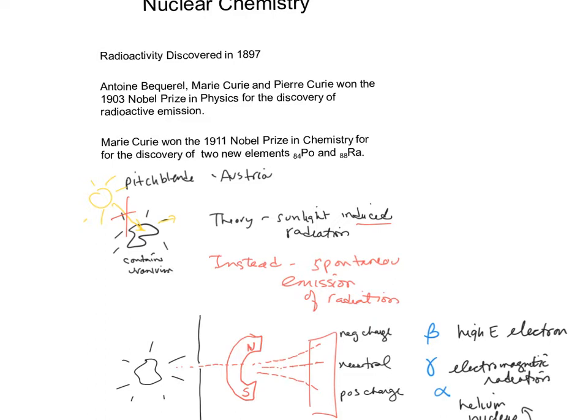And it turned out that not only did she extract the uranium so that it could be studied alone, she ended up extracting 2 other elements, polonium-84 and radium-88, and they were brand new. They turned out both to be more radioactive than uranium, so it accounted for a lot of the emission. And she got the Nobel Prize in chemistry for discovering 2 new elements.